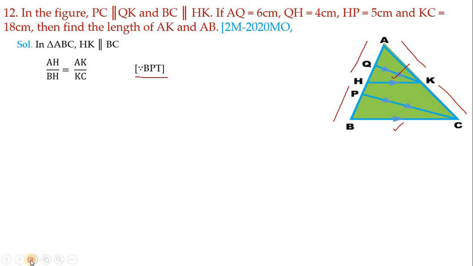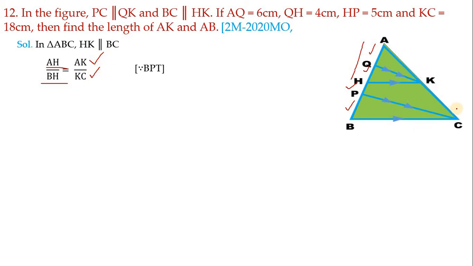Now substitute the values, or else we can split this one first. Look at the figure. AH I can write as AQ plus QH, and BH I can write as HP plus BP, isn't it? And AK let it be as it is, and KC also let it be as it is.